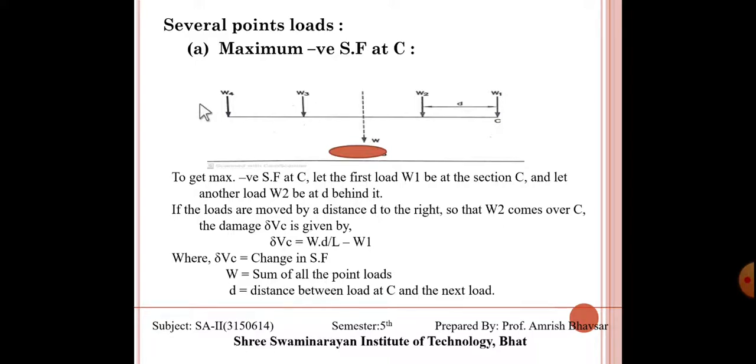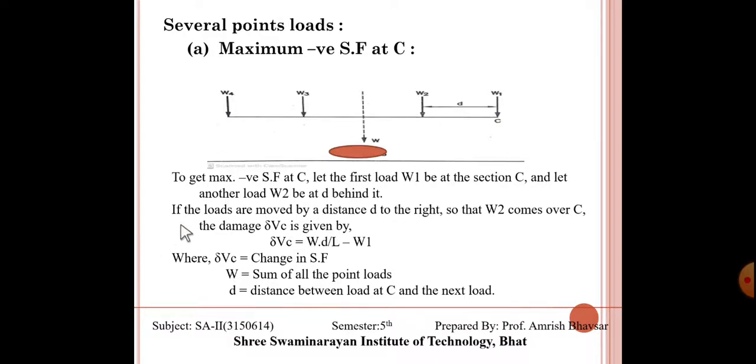Suppose this is the number of point loads. Consider a train moving on a railway bridge; the point loads due to all the wheels of the train are something like this, and the distance between two wheels is always fixed for a particular coach.